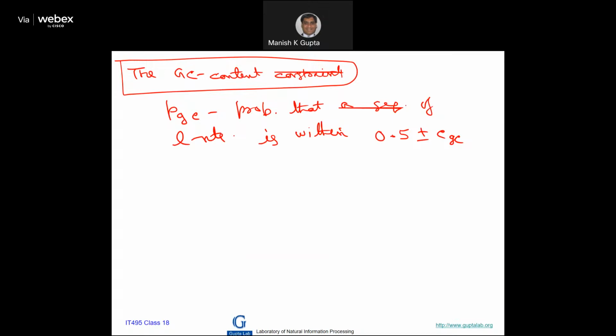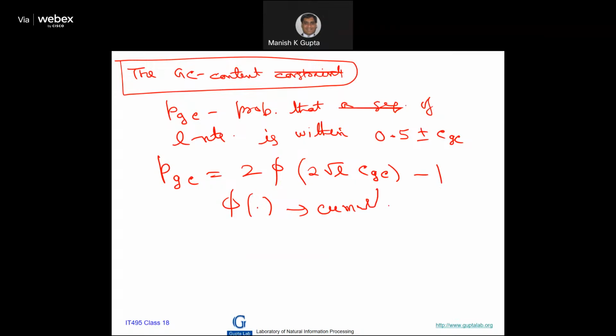Without any other constraint, PGC is nothing but 2 times phi of 2 square root of L CGC minus 1, where phi is nothing but the cumulative distribution function of a standard normal distribution.